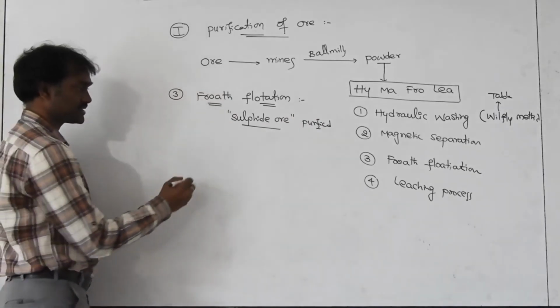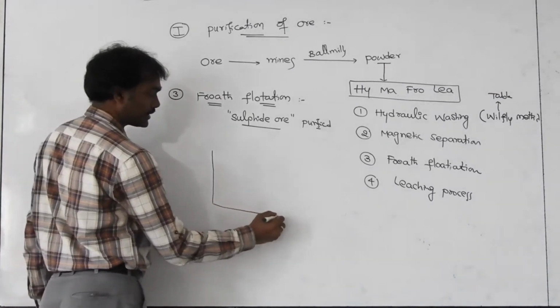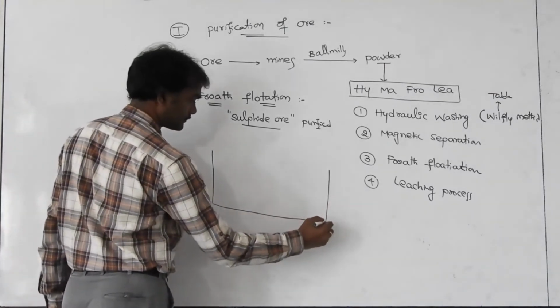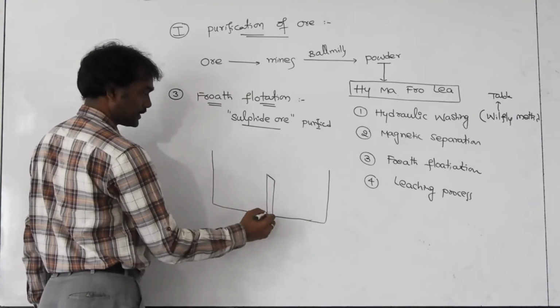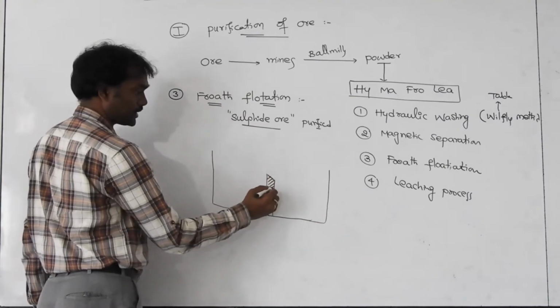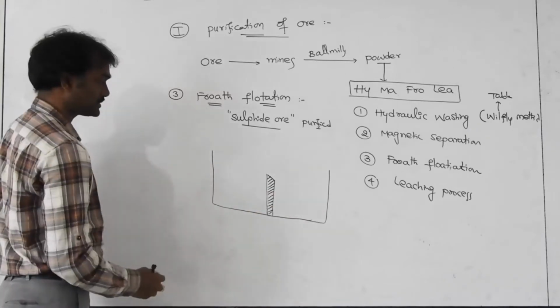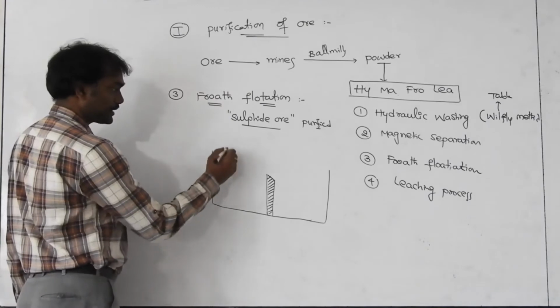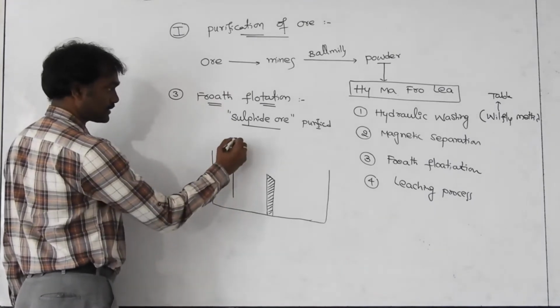Next, in this process, what are they doing? They take one big tank. In this, it is separated with one partition, so they become two chambers. In this, there is one stirrer.